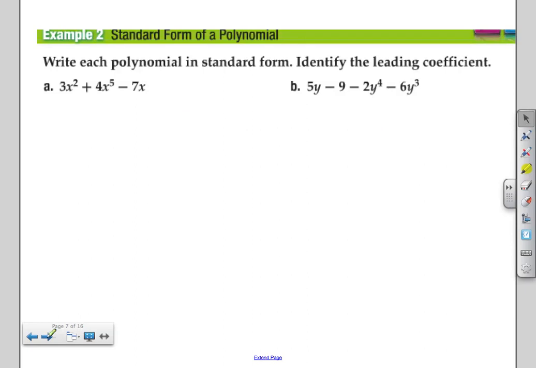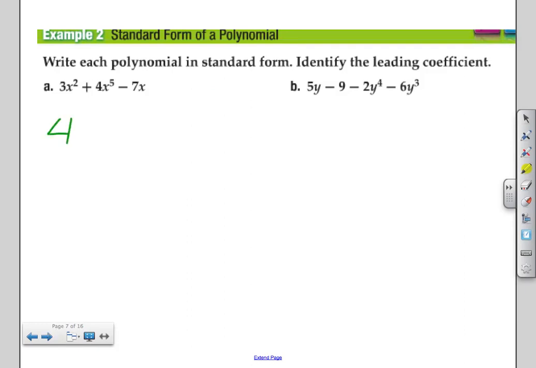Okay, so one of your homework things, worksheets tomorrow or next class, will be: write each polynomial in standard form and identify the leading coefficient. This is fairly straightforward, it seems like, but be careful of the negative slash subtraction sign, right? First of all, we're going to put them in descending order.